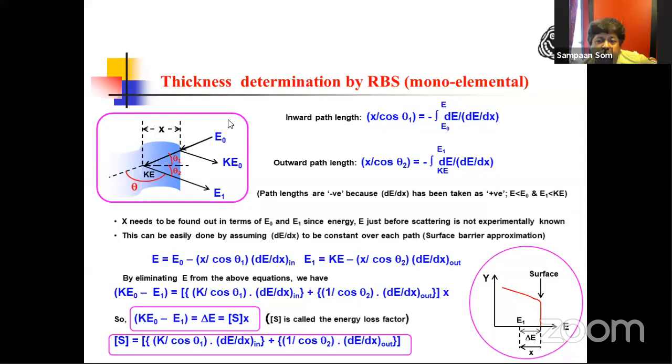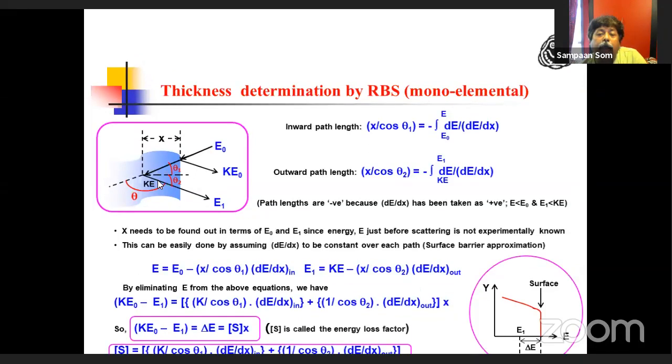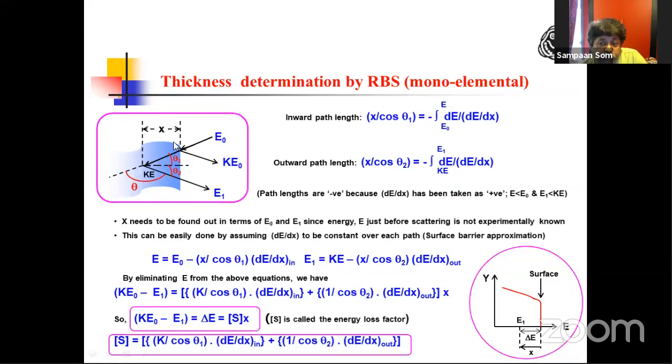So simplistically, to tackle a monoelemental thin film target, you can see the inward path length will be designated as follows. If x is the film thickness, and the incident ion makes an angle theta 1, and the outgoing angle is considered to be theta 2, then the inward path length will be x by cos theta 1, which you can obtain by integrating over the inverse energy loss.